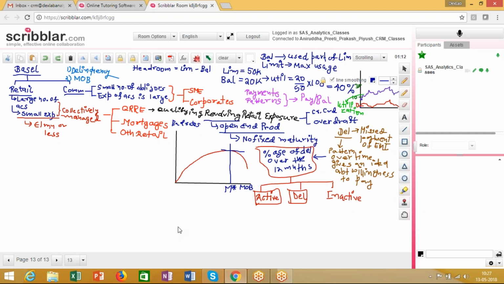And it is seen that as the overall age of the portfolio matures, the loss rates gradually stabilize.